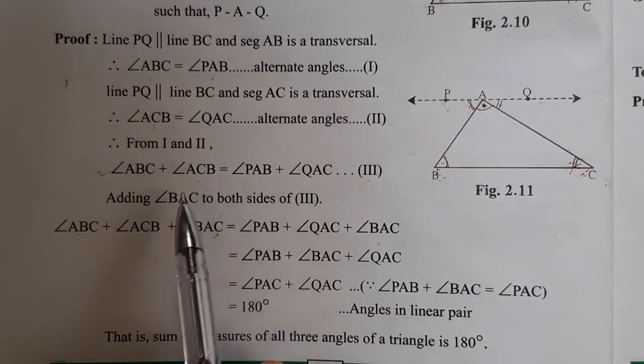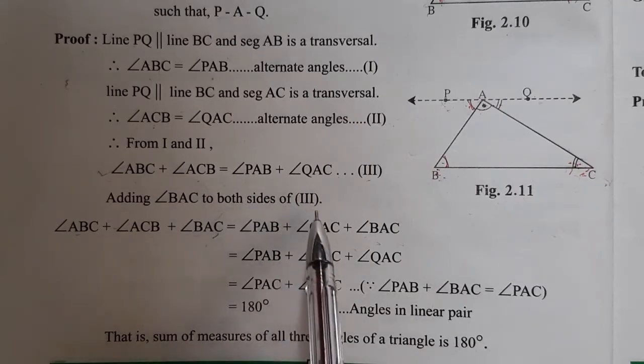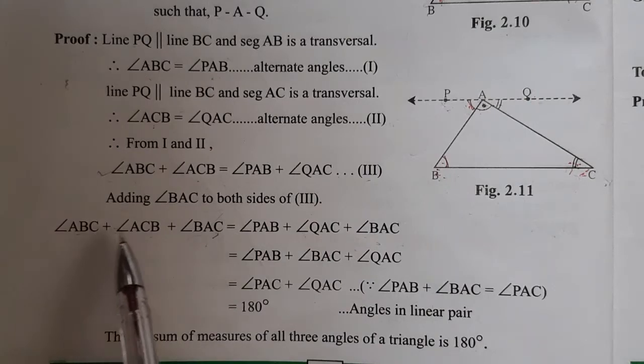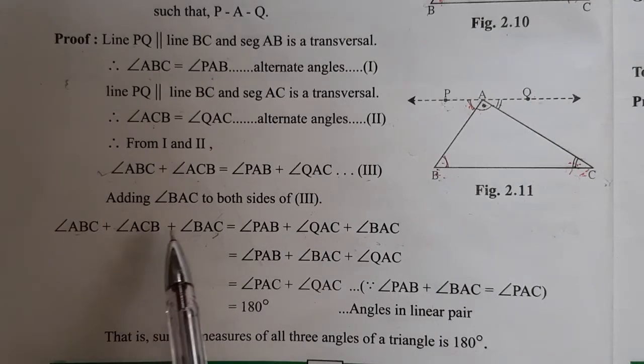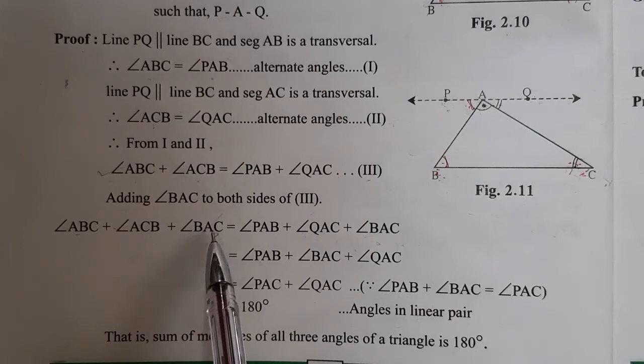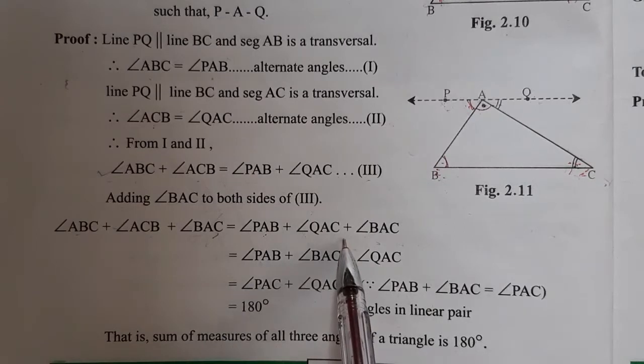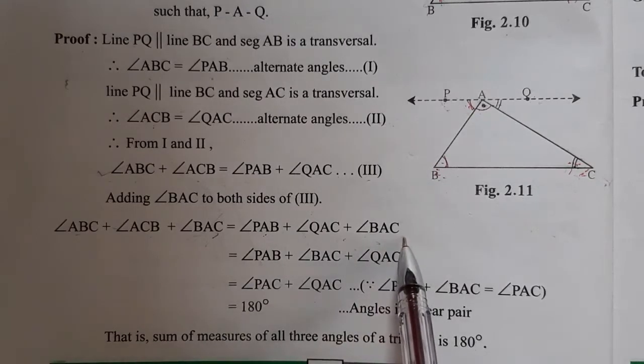When we add angle BAC to both sides of equation 3, we get angle ABC plus angle ACB plus angle BAC on the left hand side. Similarly we have to add BAC on the right hand side also. So on the right hand side we get angle PAB plus angle QAC plus angle BAC.